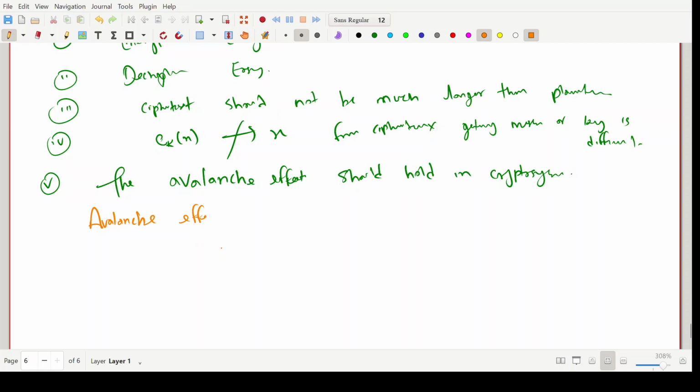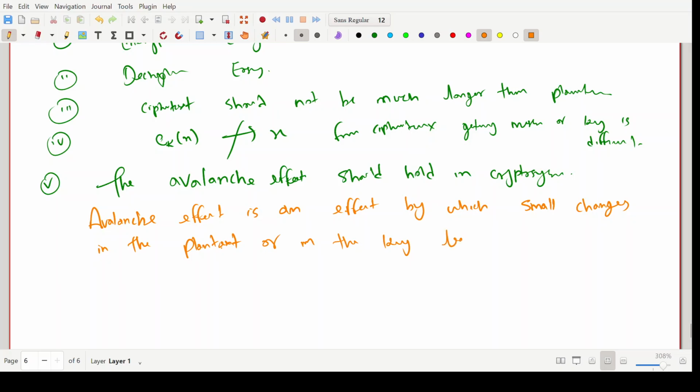Avalanche effect is an effect by which small changes in the plain text or in the key lead to big change in ciphertext.